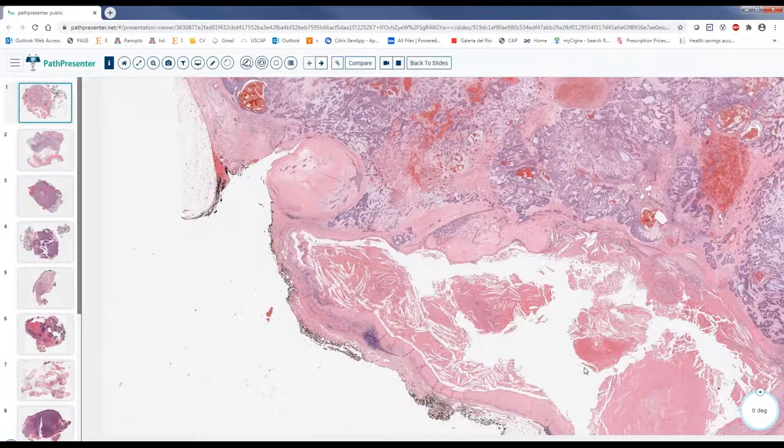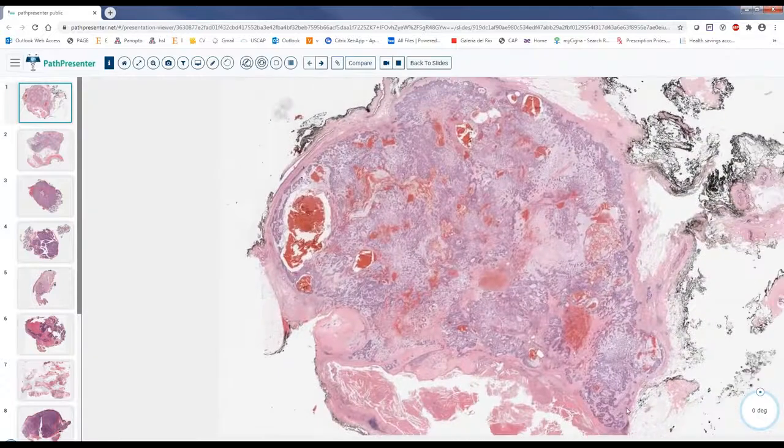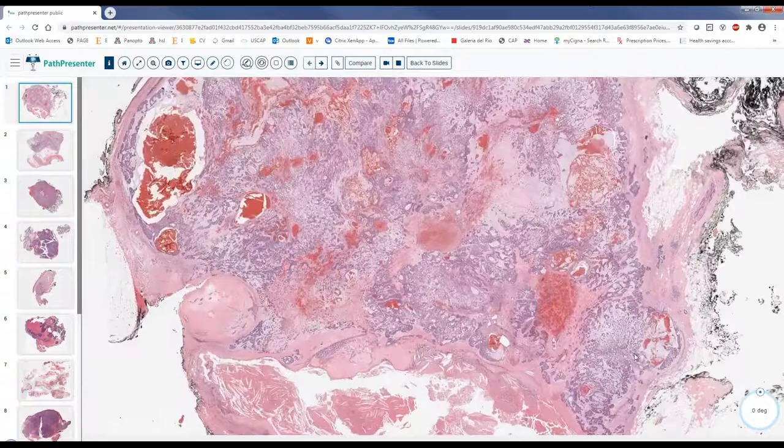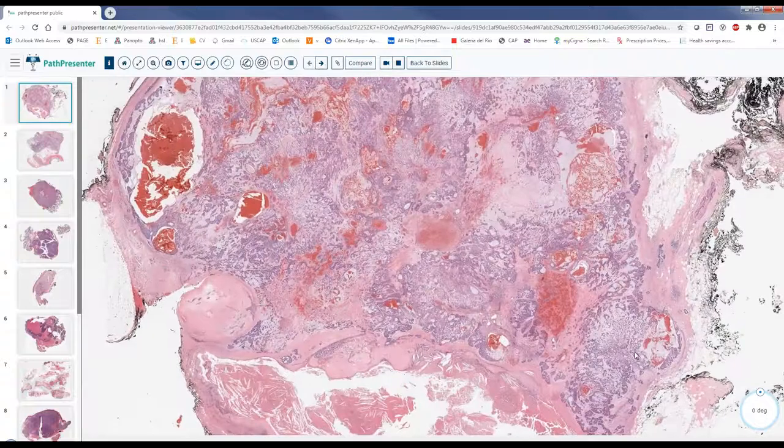Okay, all right. So overall, it looks like a well circumscribed lesion, which in salivary gland is not that helpful, meaning that we know that benign tumors are well circumscribed, but it is not a rule here. We see even malignant tumors that are well circumscribed.